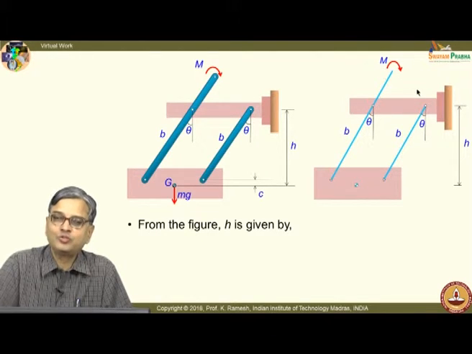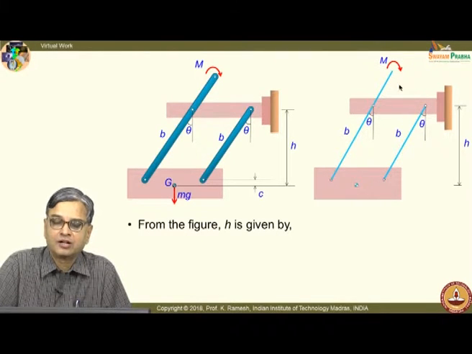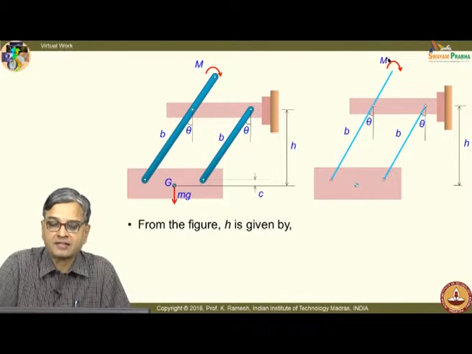So, what is natural to go about? You know very well that I am externally applying a moment m, so that I have maintained the position of the block at this level h.